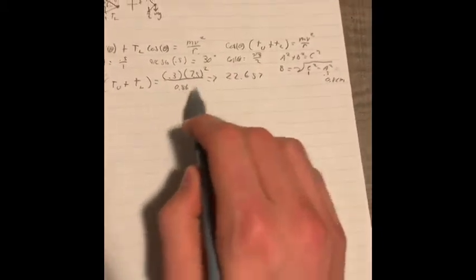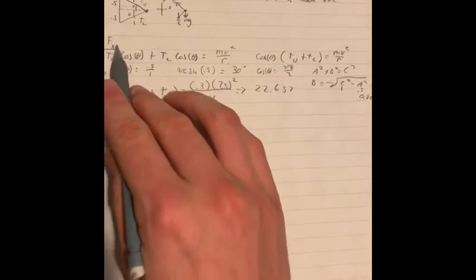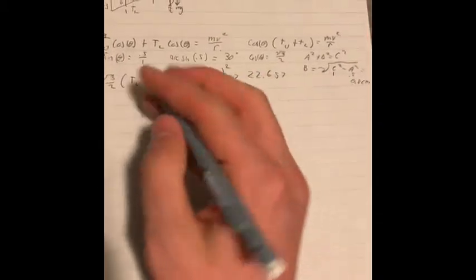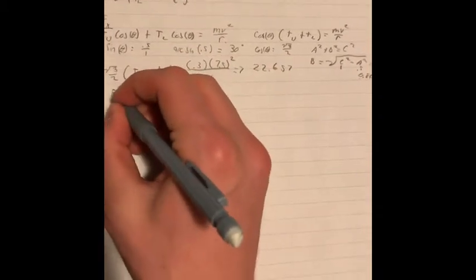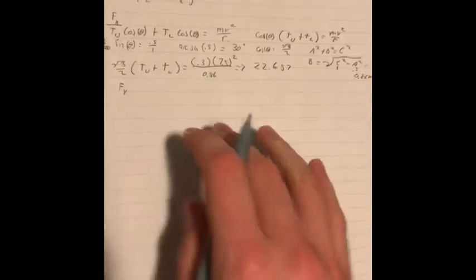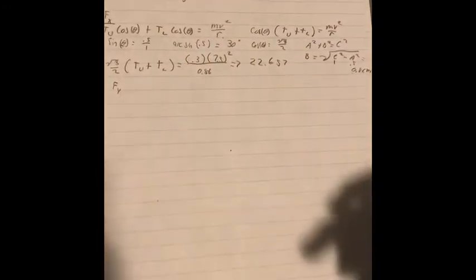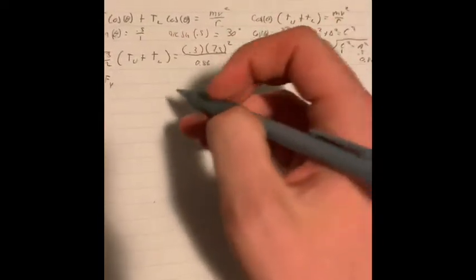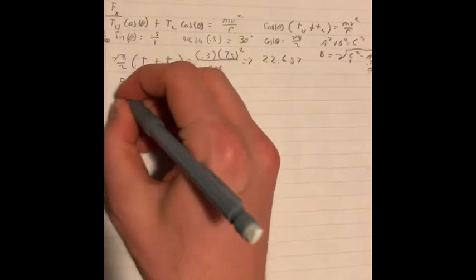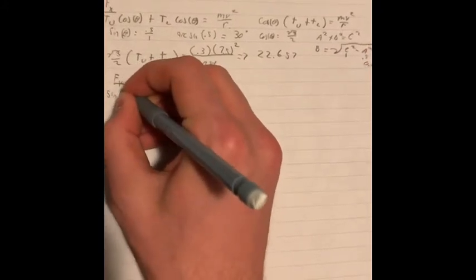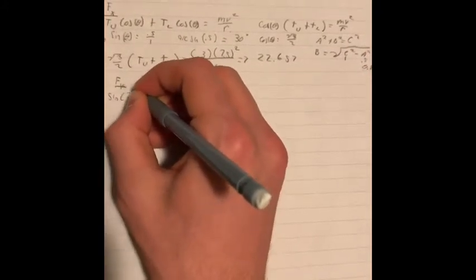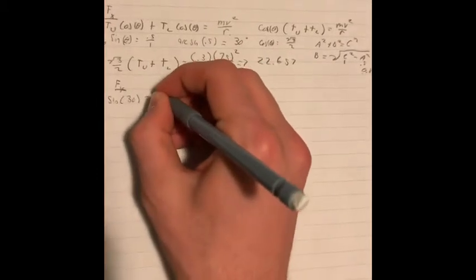So now we have found this in the x direction. Now we can find this in the y direction, Fy. In the y direction, we will use sine theta, and we already found theta, which is 30. So I can just write sine theta, which is 30, as we found previously, equals 1/2.